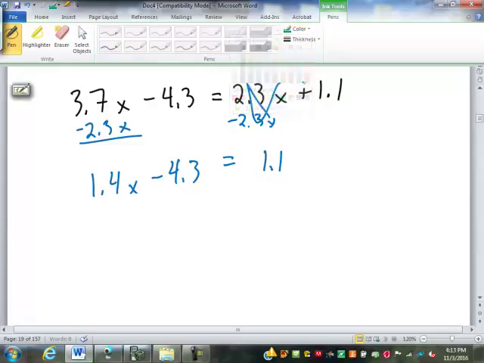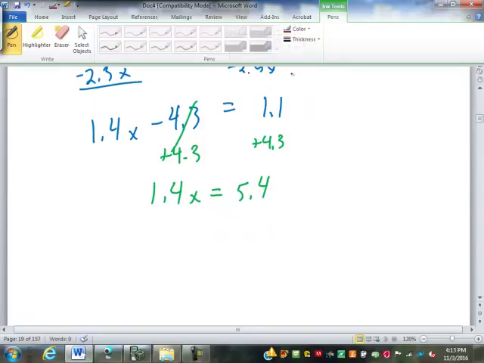Then what do we do? Add 4.3. So it's gone over here, giving us 1.4x equals 5.4. And then divide by 1.4.